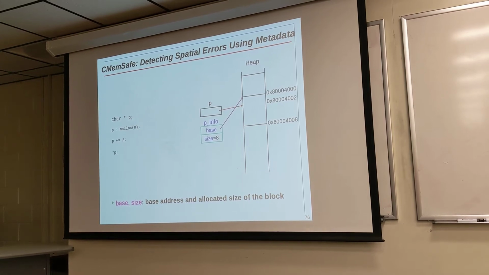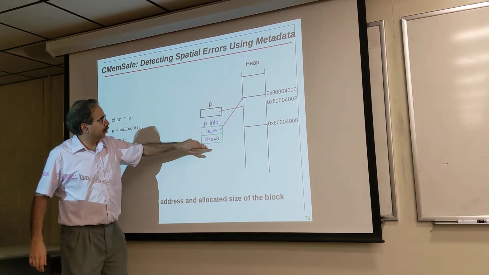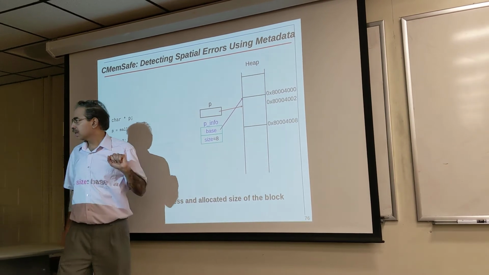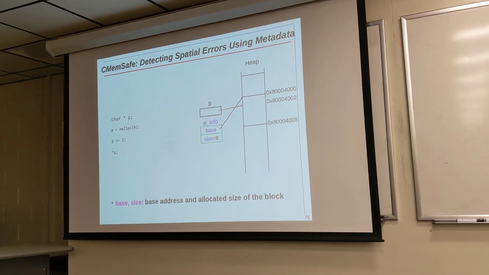So the metadata gets set at the time of allocation, it never changes after that. Okay. So now, if you do star P, then it's going to check that the P value is between the base and the base plus size. And if it is, then you're okay. So it's like a subscript check, right?